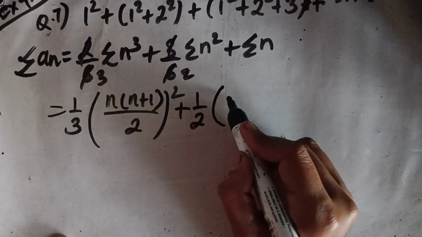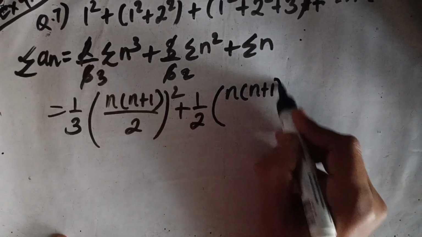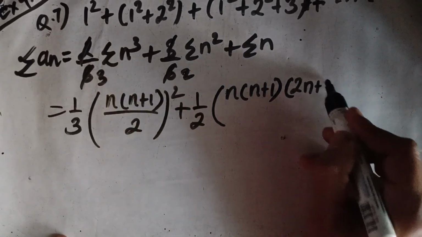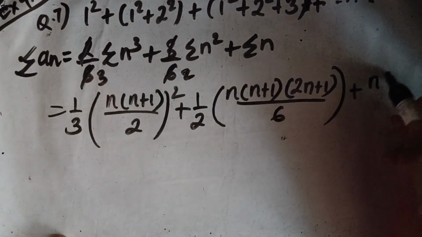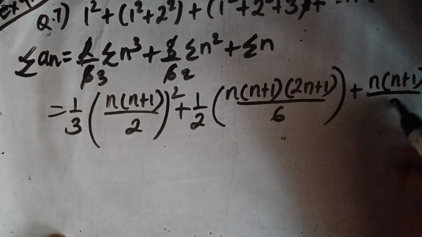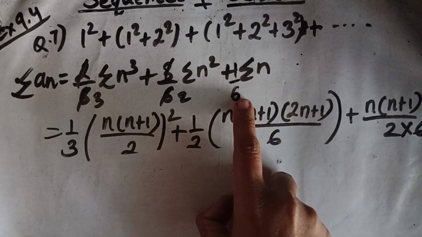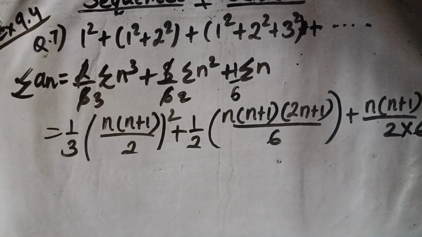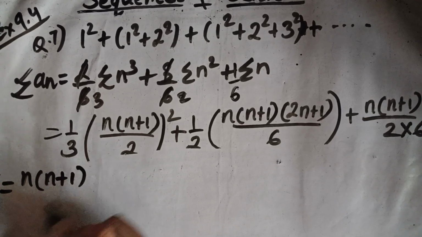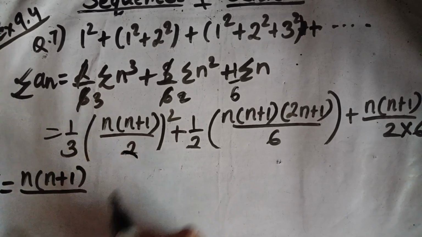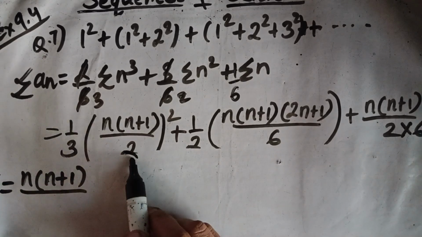Plus n into n plus 1 into 2n plus 1 upon 6 plus n into n plus 1 by 2. Okay, 1 by 6 is there. Let's take common. n into n plus 1 is common, and also 6 is common.